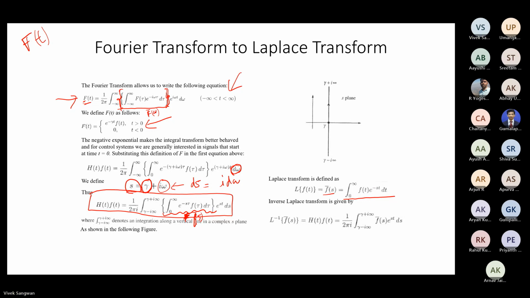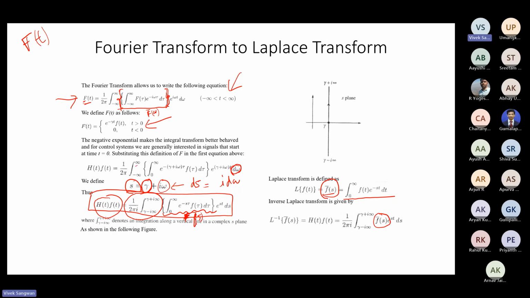And this outer integral gives you a method to recover the original function. If you know just this f bar(s), then this h(t) f(t) can be evaluated by substituting that Laplace transform, multiplying it by e to the power st, and doing an integral. So we changed the limits also.